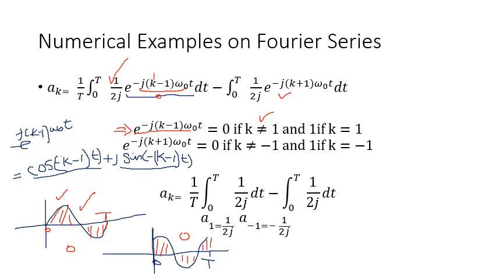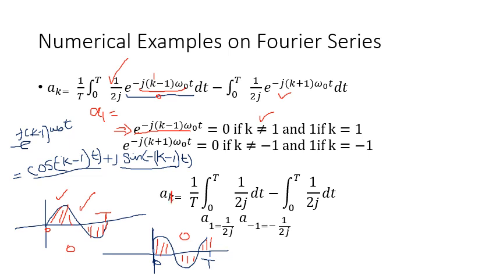Okay, so for example, if I put k of 1, in this case this will be 0. So I will get 1 by T, and 1 over 2 e power j dt. And again we have minus here. I am just talking about k equals 1.